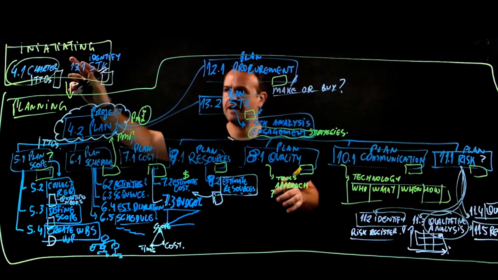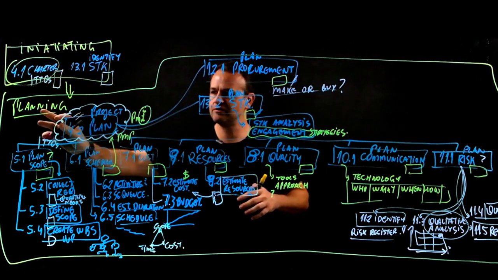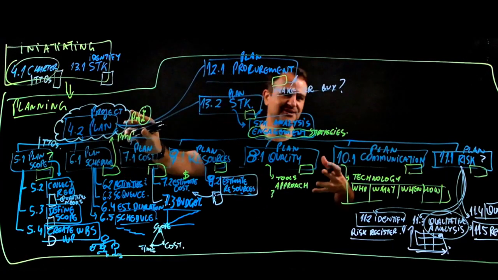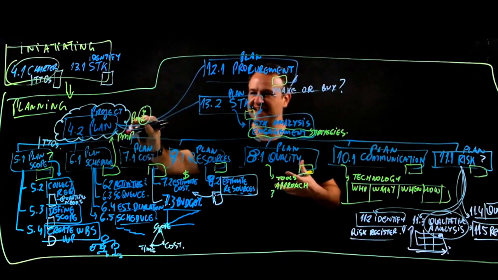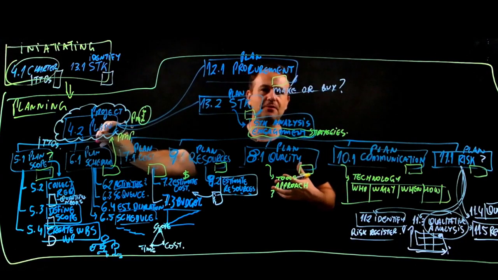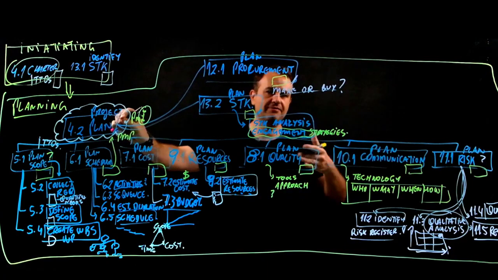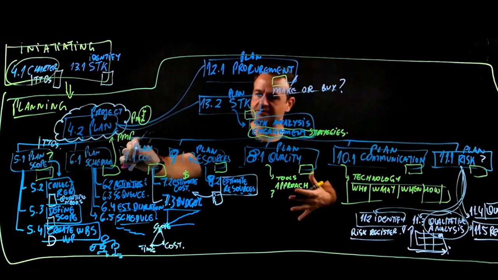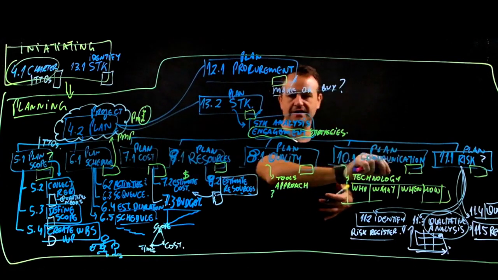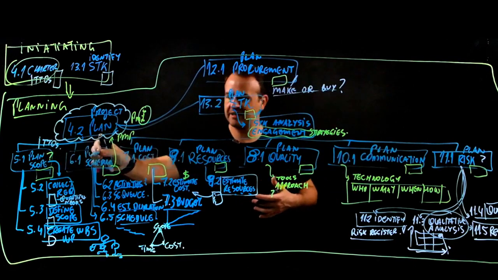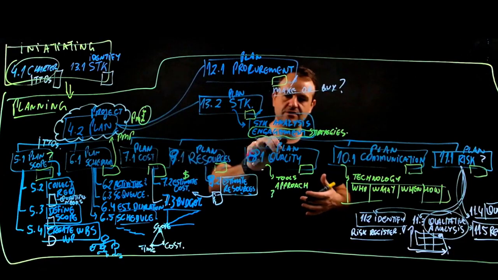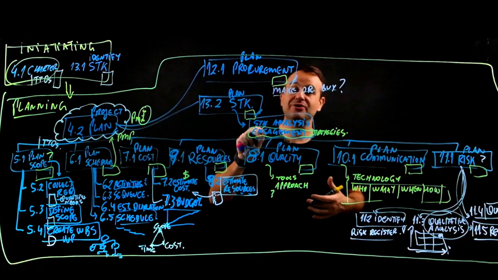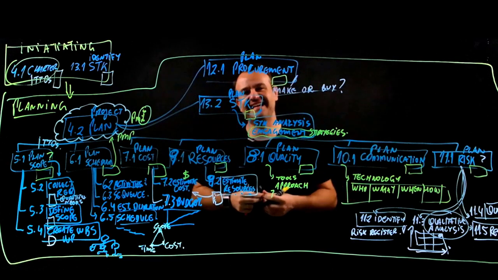You understand what happens in the initiating, then you move to the planning. In the planning, some people do not know where they are going to start planning, and you start planning with 4.2, develop the project management plan. Then you develop high-level plans for each of the knowledge areas. You create the scope plan, schedule plan, cost plan, resource plan, quality plan, communication plan, risk plan, procurement plan, stakeholder plan.